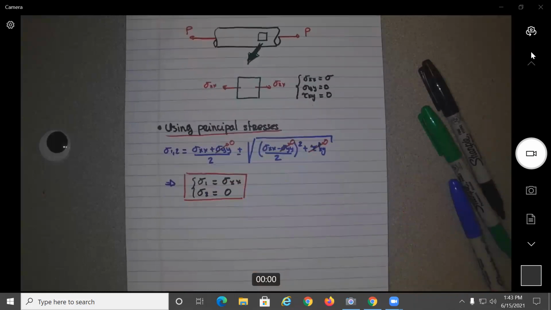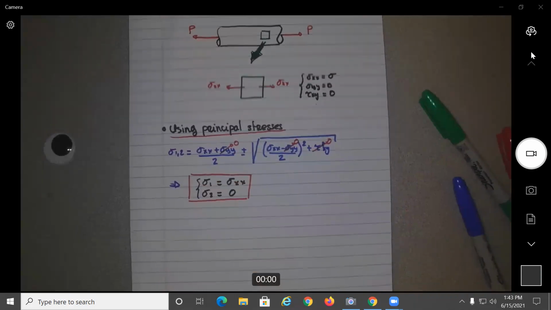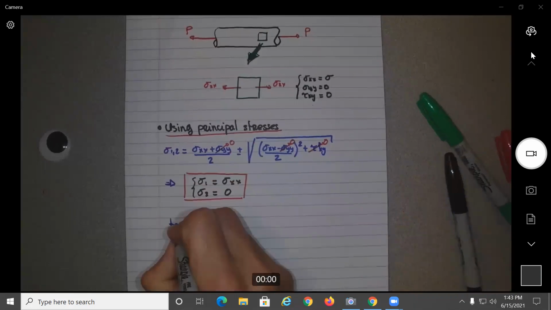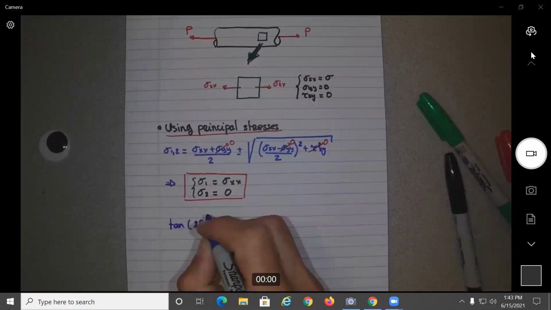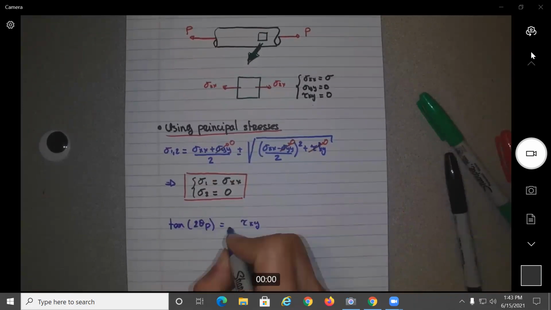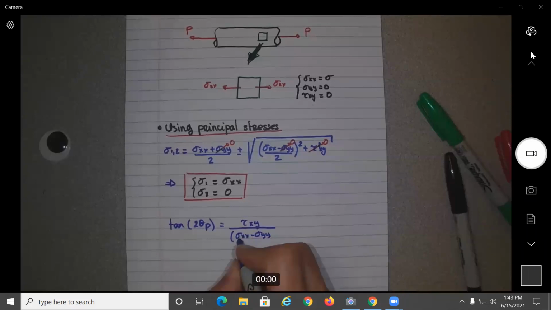Okay, so by now I hope that you're getting the routine. Next thing we need to find is to determine the angles for each one of them. So the equation that does that is tangent theta p equal to tau xy divided by sigma xx minus sigma yy divided by 2.